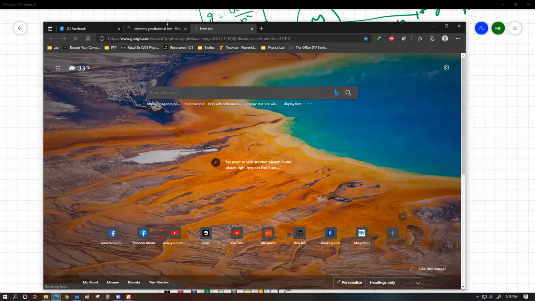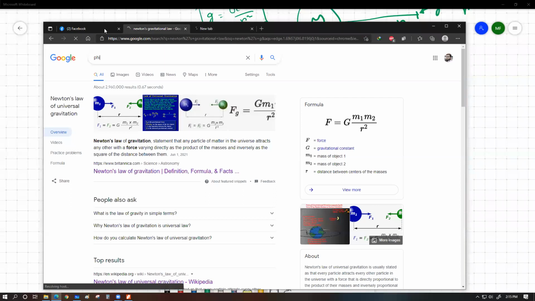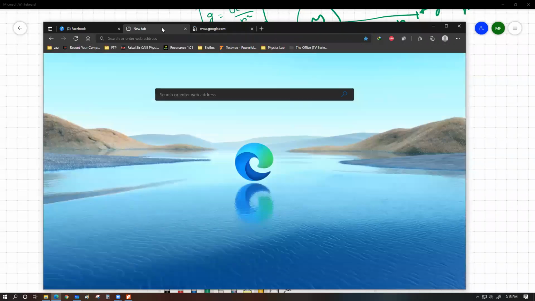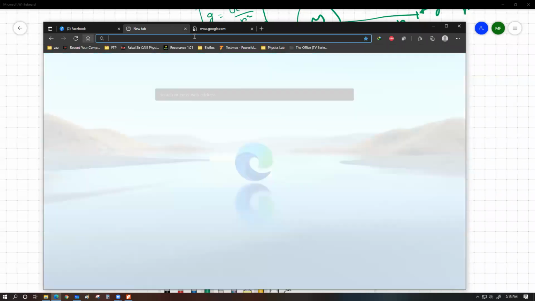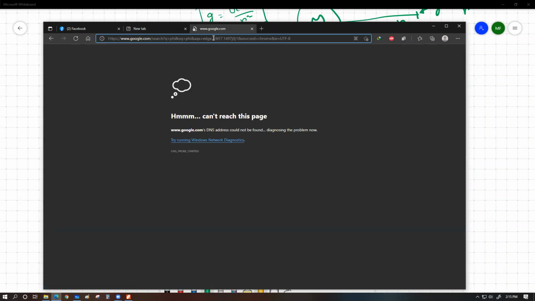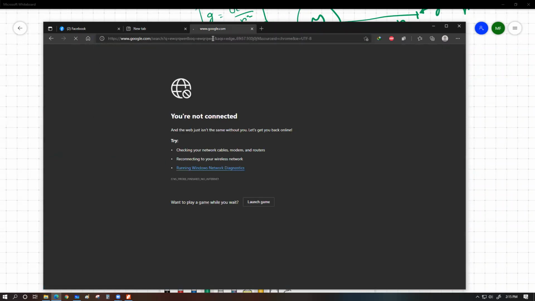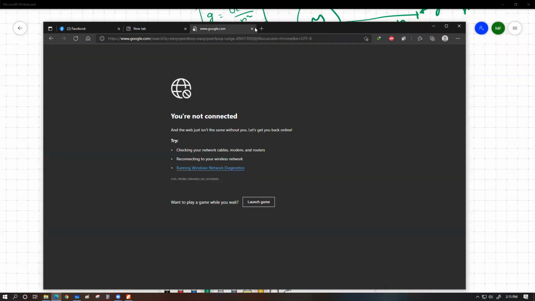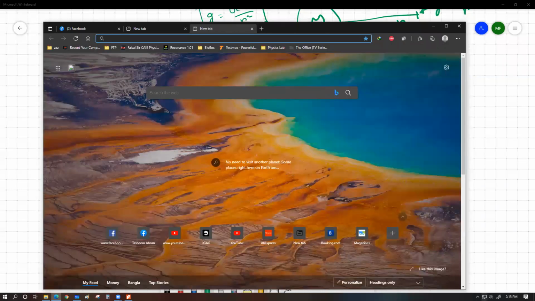হ্যালো, আমার কথা কি শোনা যাচ্ছে? জি স্যার, শোনা যাচ্ছে। তো নেট এত স্লো কেন? What? Oh no. What is this?